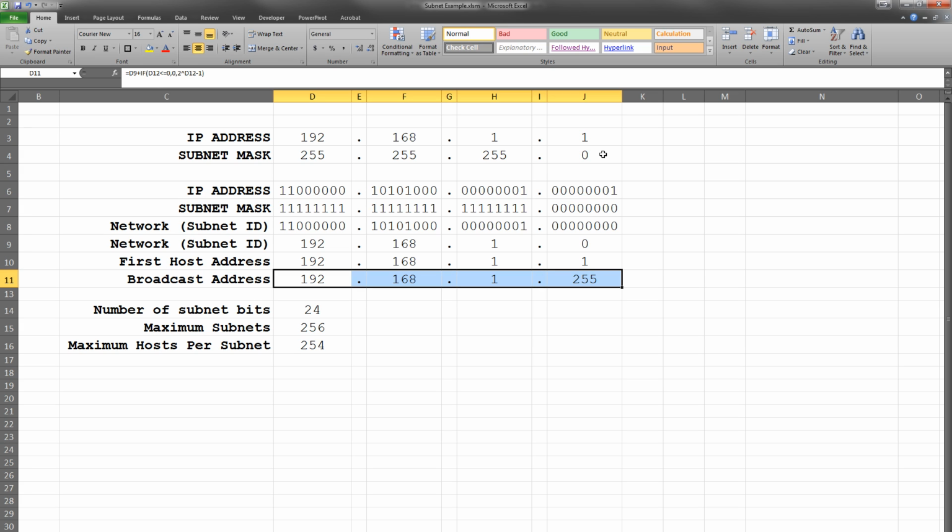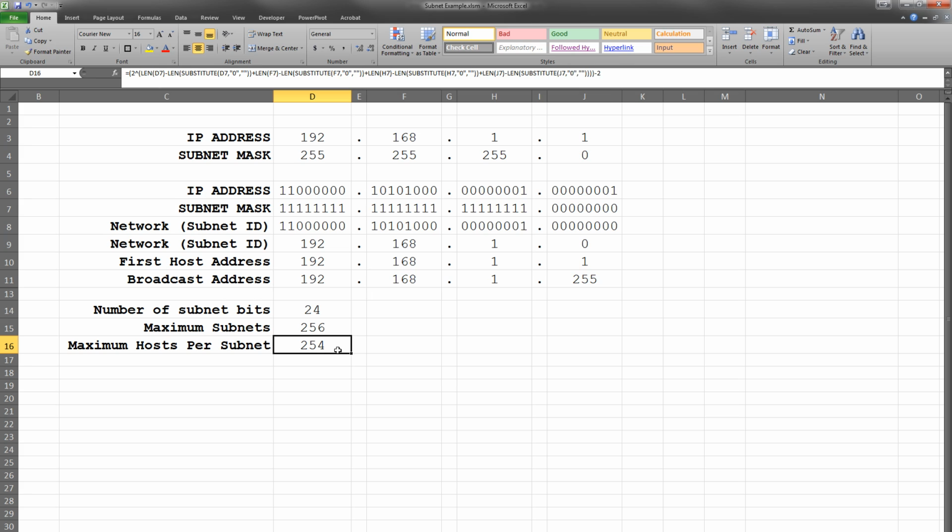Oh, and we've also got the value in this worksheet of the maximum number of hosts per subnet. Well, we can calculate that. It's simply the number of potential IP addresses based on our subnet mask, 2 to the 8th, or 256, minus 2, for the network address and the broadcast address.